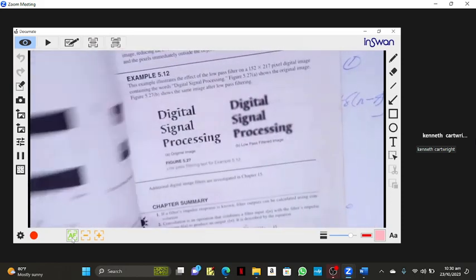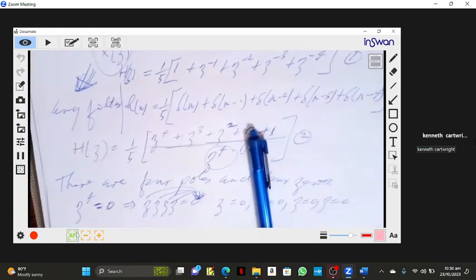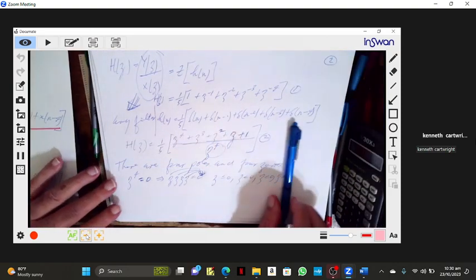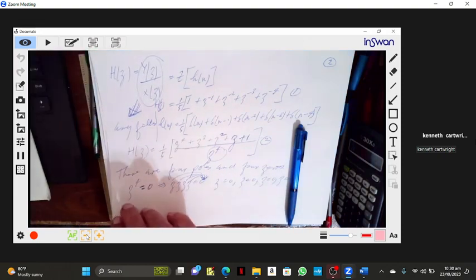Okay. Now, here's a question we have not been able to answer yet. What's the frequency response of these filters?